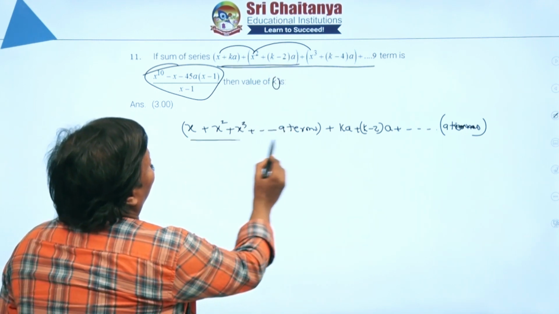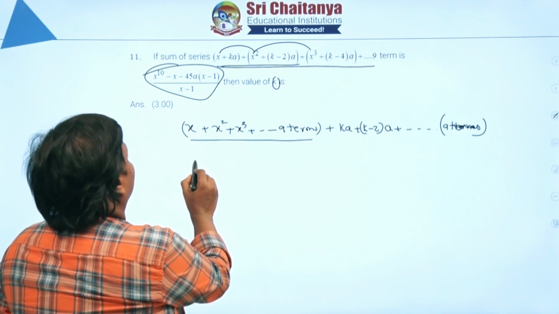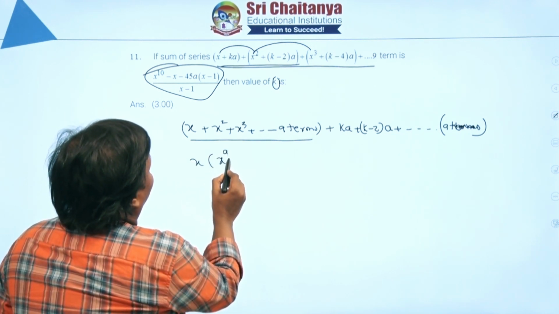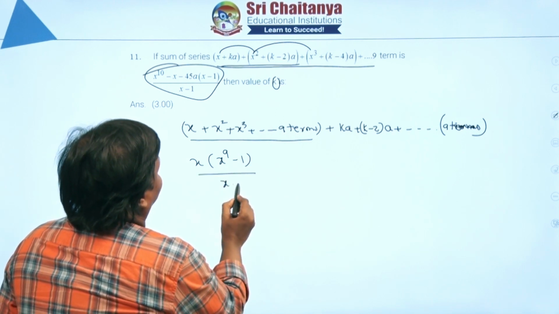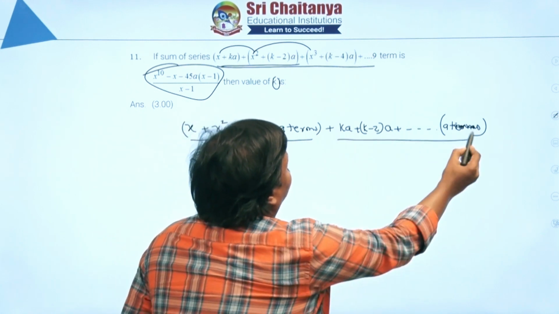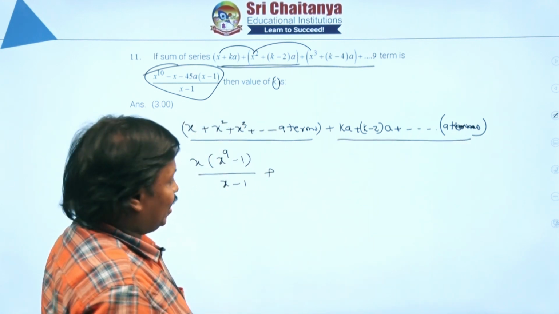This is a GP, sum of 9 terms. So, the sum of 9 terms is x into (x power 9 minus 1) by (x minus 1). This one is in AP, arithmetic progression, sum of 9 terms.